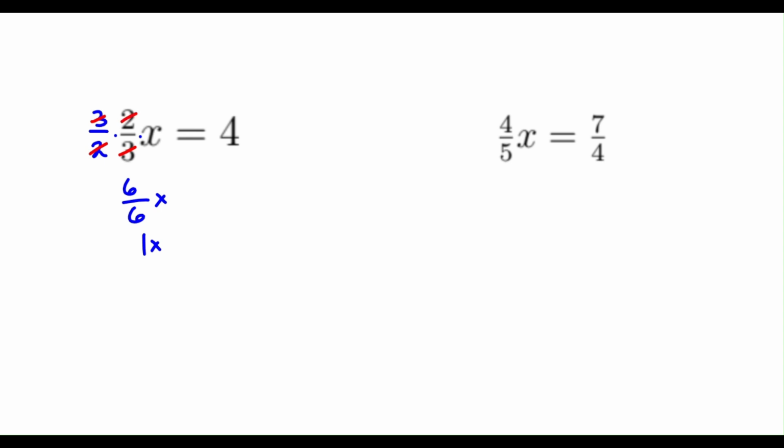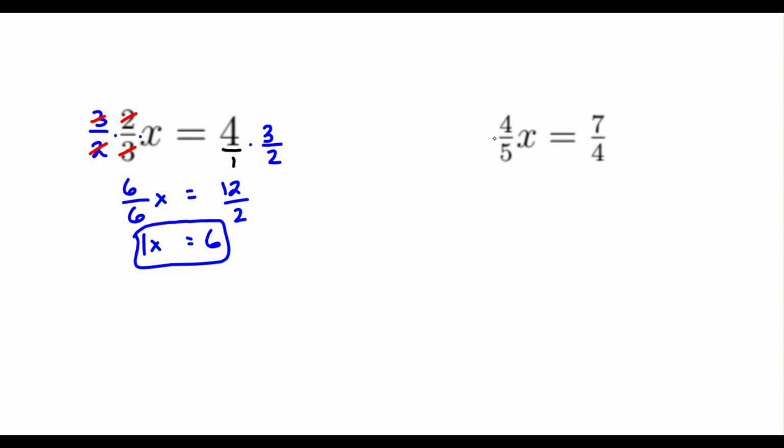Yeah, however you want to do it. But the important thing is, whatever you do to one side, you've got to do to the other. So if I multiply the left side times 3 halves, I got to multiply the right side times 3 halves. This does get me 4 times 3 is 12. And 1 times 2 is 2. I still get 6. So if you multiply by the reciprocal, that's going to clear out this coefficient much quicker.